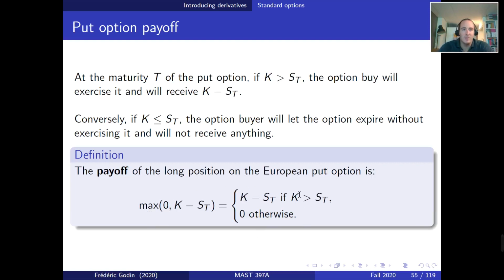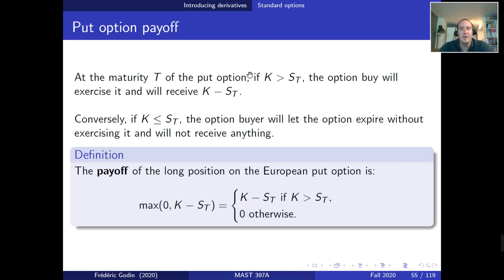Now, can we say something about the put option? So assuming again we have a European put option, then at maturity T, if you're the buyer of the option, you have a possibility to receive K, receive the strike, and give the underlying asset in exchange.